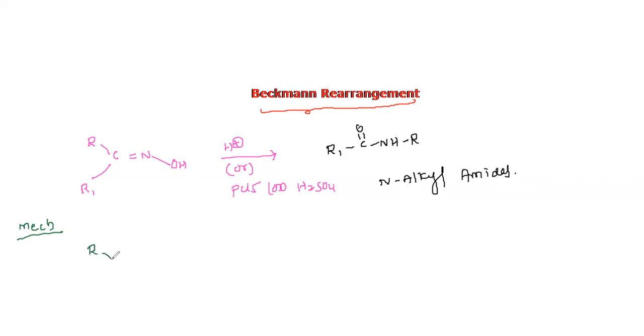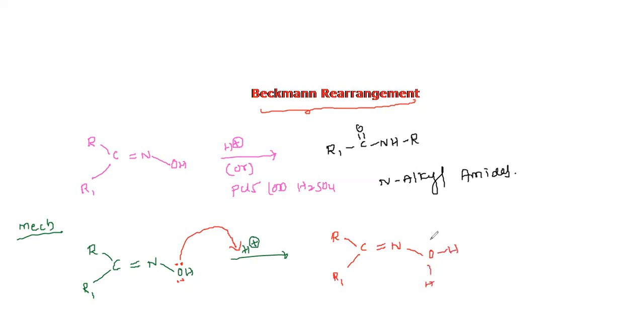So here R, C, R1, then double bond NOH. First, whenever it is treated with acids, protonation takes place, as the lone pair is donated towards the H plus ion. Then C, R1 double bond N, OH, H. This is the protonation, but it is unstable, so there is loss of water.